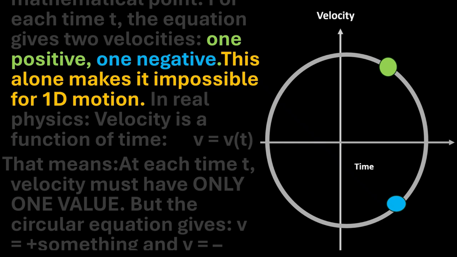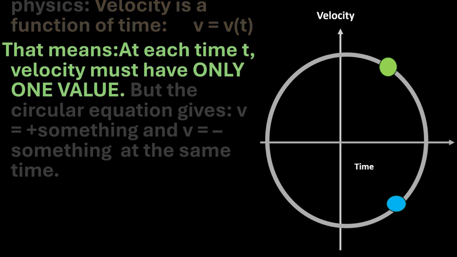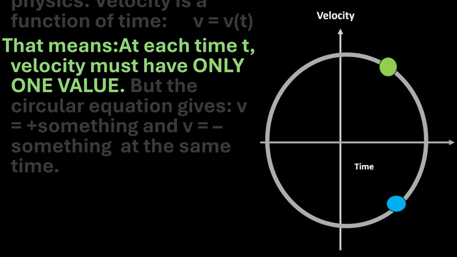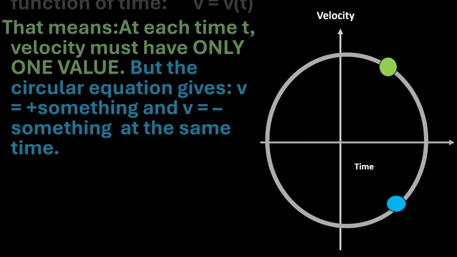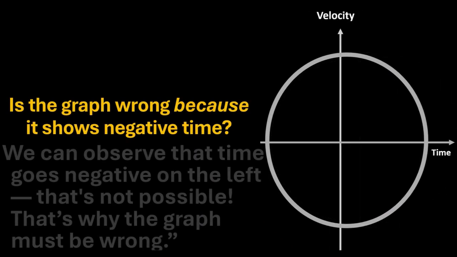Now, again, we are talking about the mathematical aspect here. Velocity is a function of time, right? Which means at each instant of time, velocity must have only one value. But the given equation shows that v has both positive and negative values, which makes it not possible.